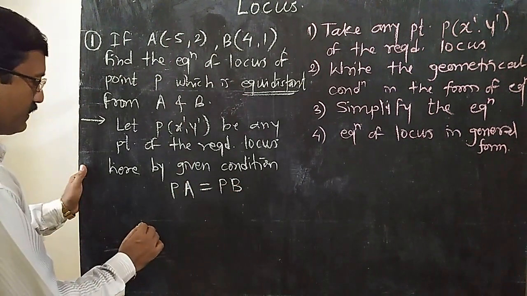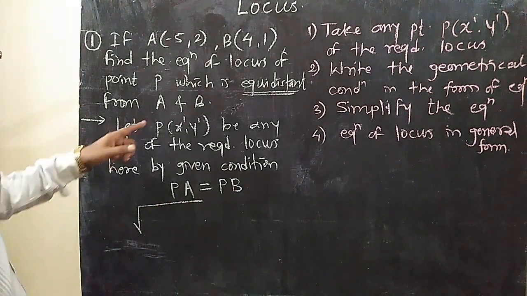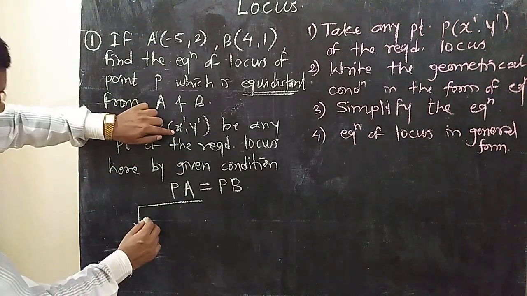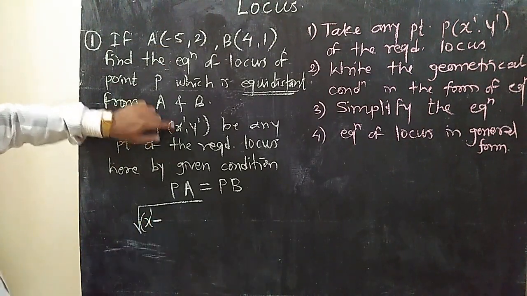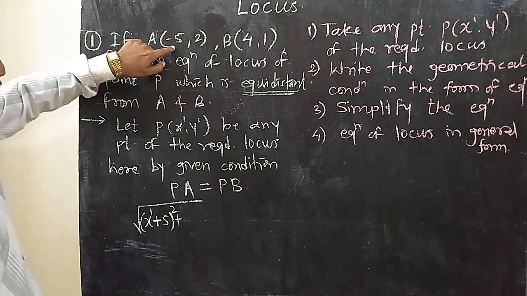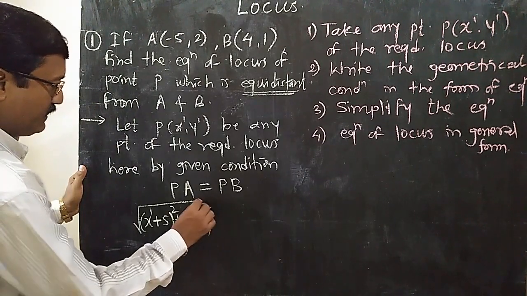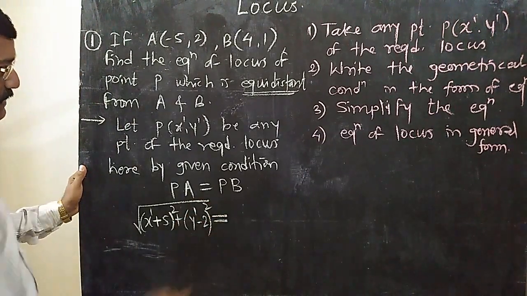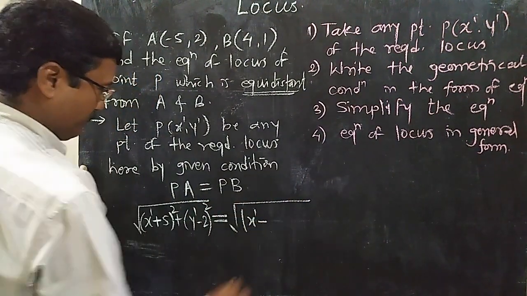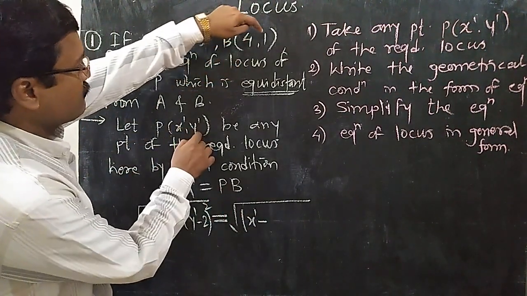By using the distance formula, we can write PA as under root, P is (x', y'), A is (-5, 2). So we get (x' minus of minus 5, that is plus 5) square, plus (y' minus 2) square, and this is equal to PB. PB is nothing but the under root of (x' minus 4) square plus (y' minus 1) square, as B is (4, 1).